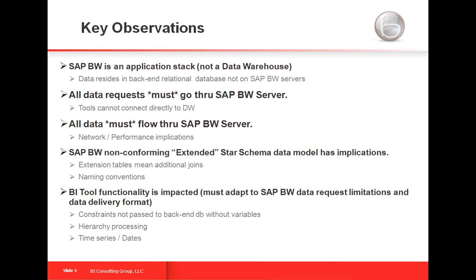And thirdly, time series functionality is also more difficult to work with. The most common reason for that is because SAP does not deliver a date field. It only delivers character fields that are formatted like dates. So what we've found is that there's a lot of workaround that has to be done with respect to taking something that's intended to be a date but is actually in character format, and rearranging it so that we can then cast it as a date or a date time.